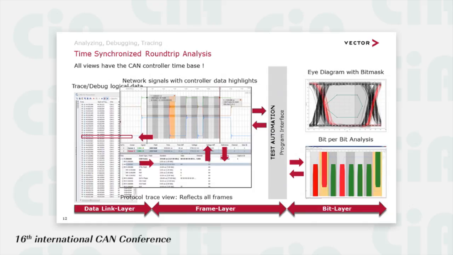You see all bits are shown serially, and each bit has a bit mask. Red bits indicate a bit mask violation, green bits indicate the bit is okay. I will explain in more detail on the next slide. And the last possibility is to control the eye diagram over the programming interface.